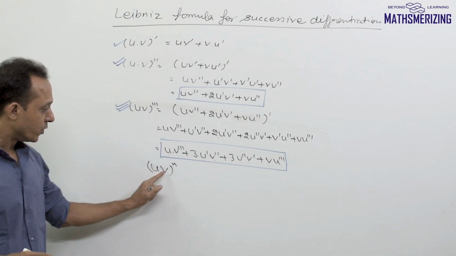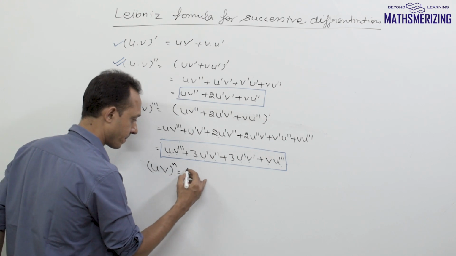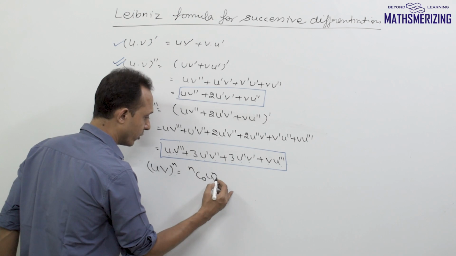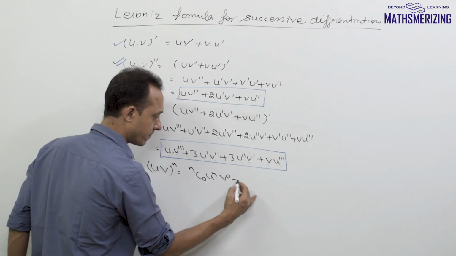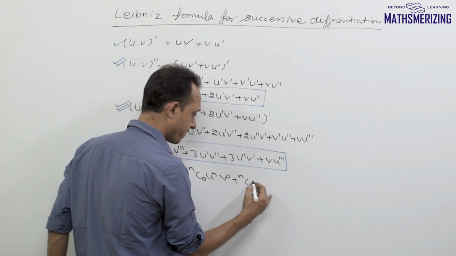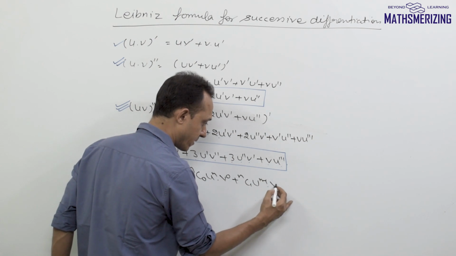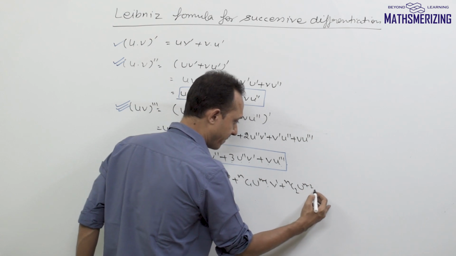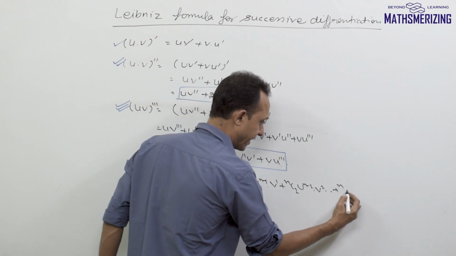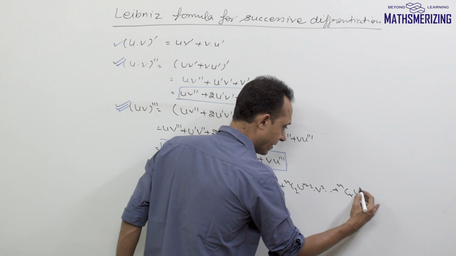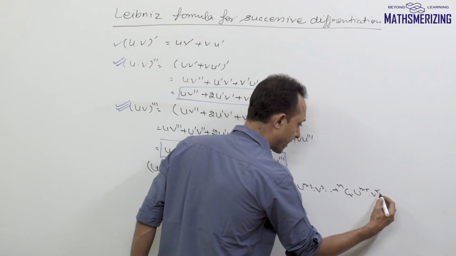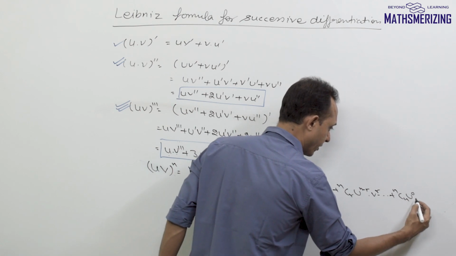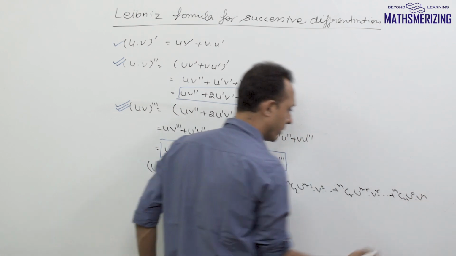So nth derivative of u into v is nc0 u to the power n v to the power 0, nc1 u to the power n minus 1 v to the power 1, nc2 u to the power n minus 2 v square, and then ncr u to the power n minus r into v to the power r, and this series will continue up to ncn u to the power 0 v to the power n.